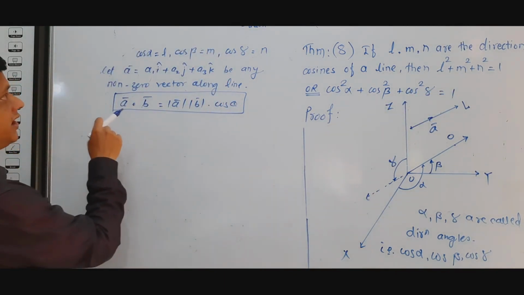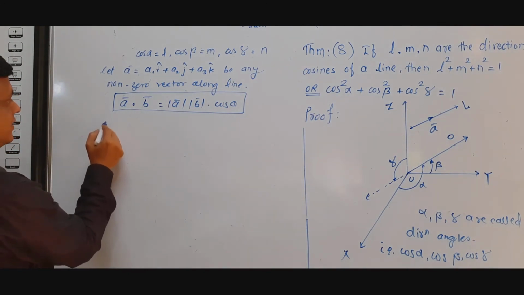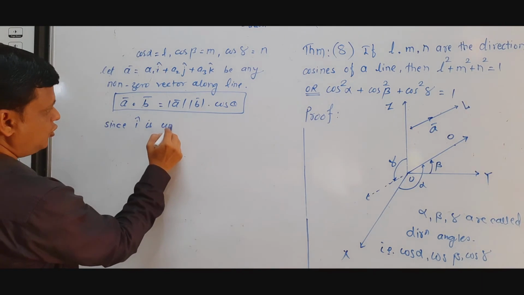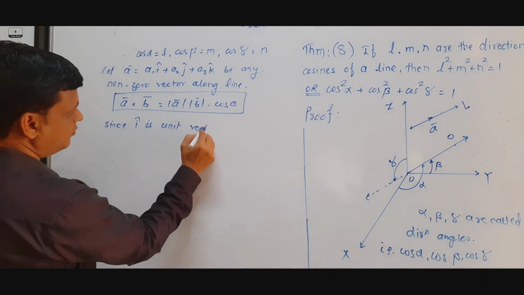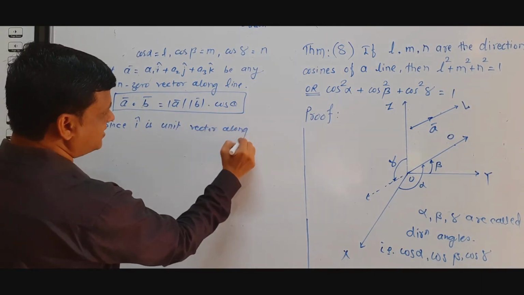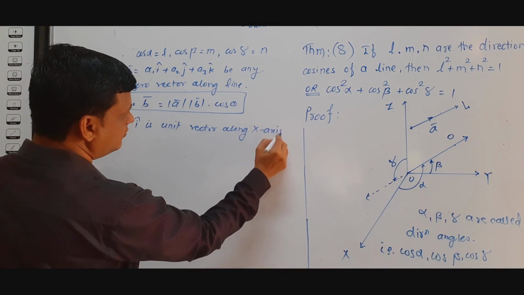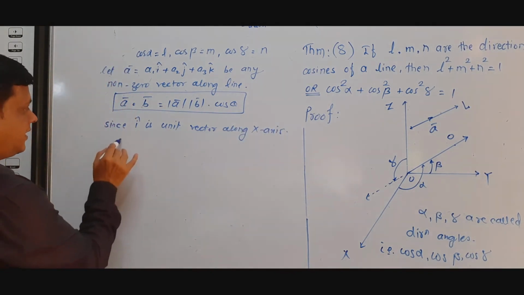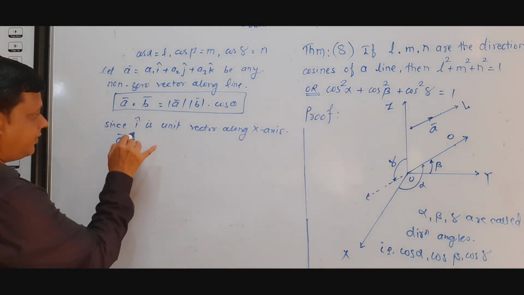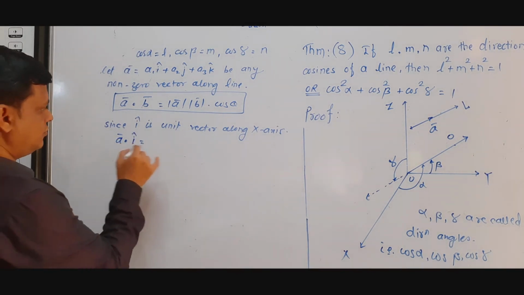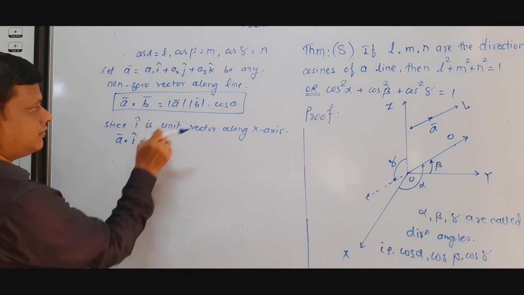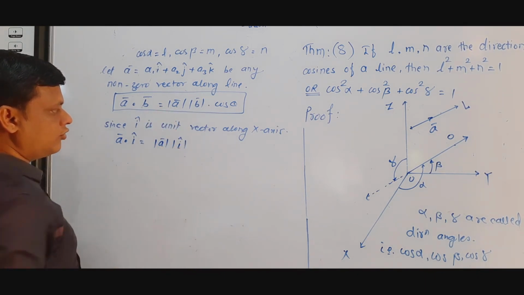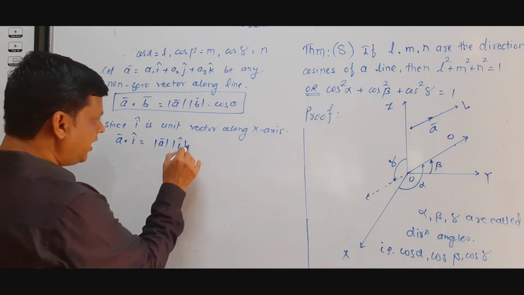So we consider, since i cap is a unit vector along the x-axis, we can write A bar dot i cap equals, by definition, magnitude of A bar into magnitude of i cap into cos of the angle.